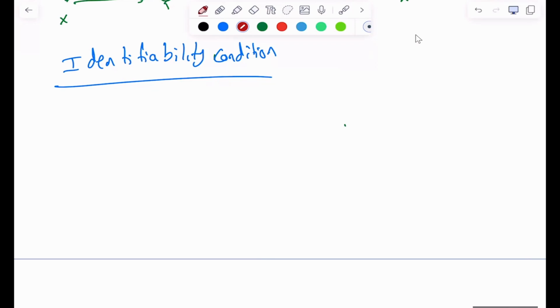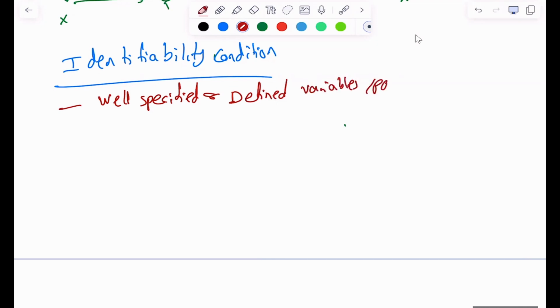But now let's talk formally about some identifiability conditions. There are more than these conditions, but these are the main ones. Number one, we need to have well specified and well defined variables and parameters.